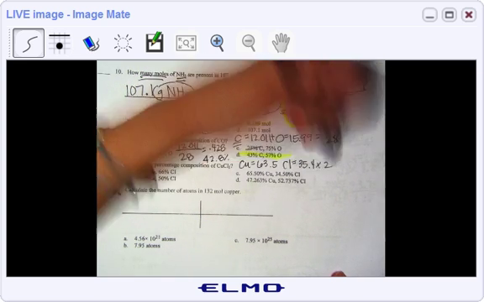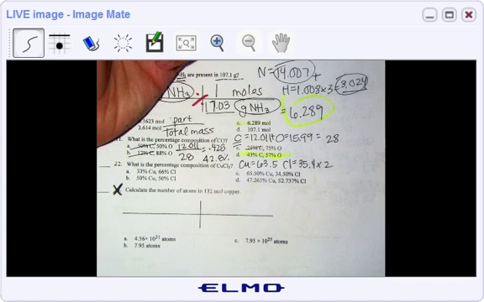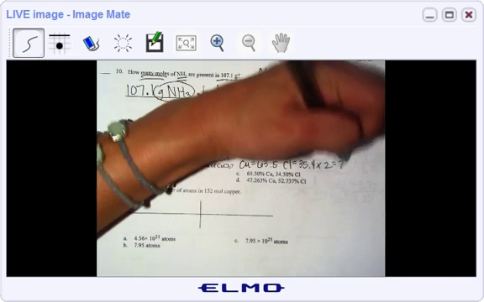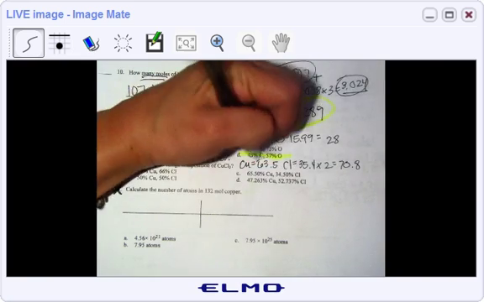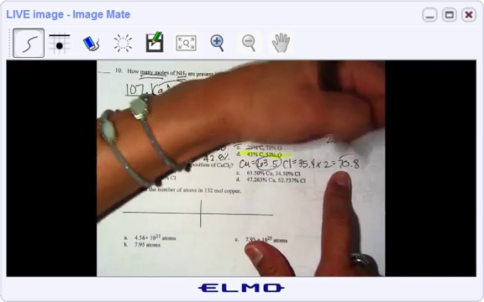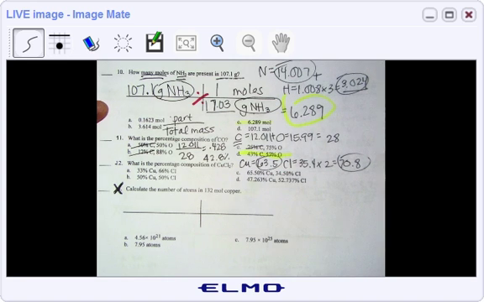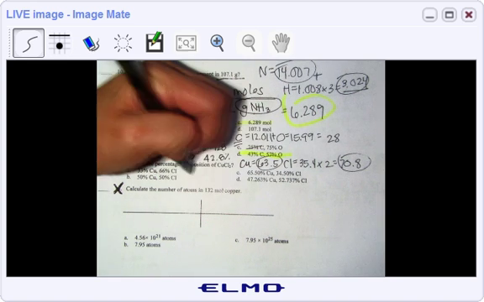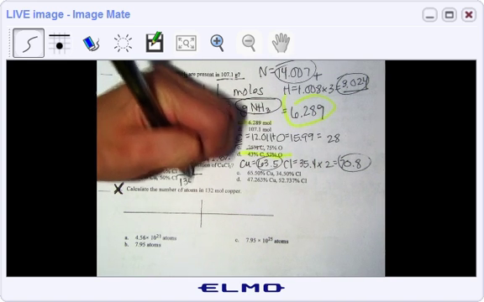But I need to multiply it by 2 because there's 2 chlorines. So it equals 70.8, and then I'm going to add them together. 70.8 plus 63.5 is 134.3. So that's the total that goes on the bottom.